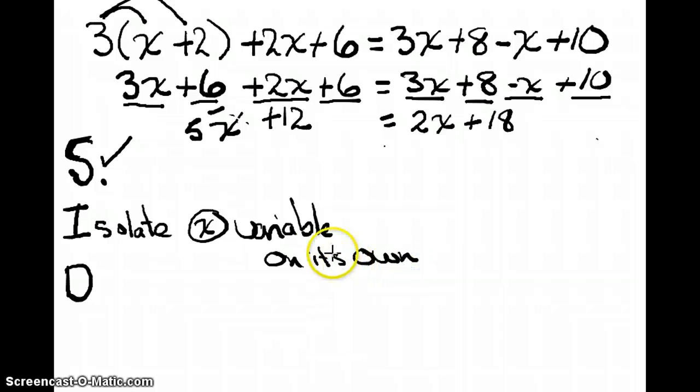Now we can have more than one. We can have 6 x's, we can have 7 x's, but I just want the variables on their own. Well, let's take a look at this. We talked about something in class yesterday about balance and how I was allowed to subtract from one side if I do it to the other side. Here I have 5 x's hanging out on one side of my line, my equation, and on the other side I have 2 x's.